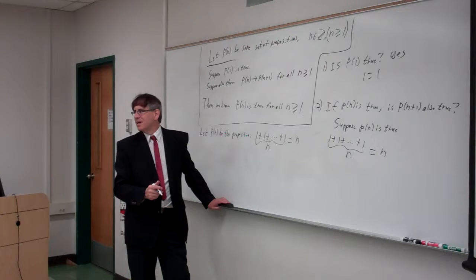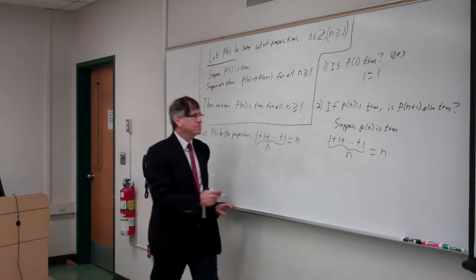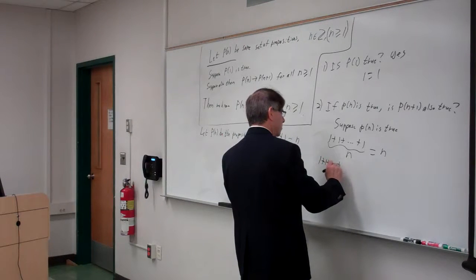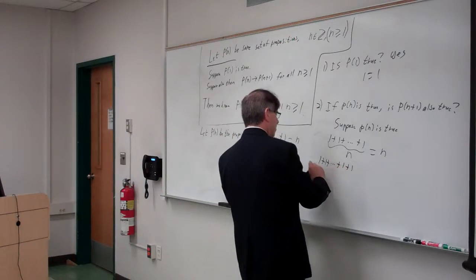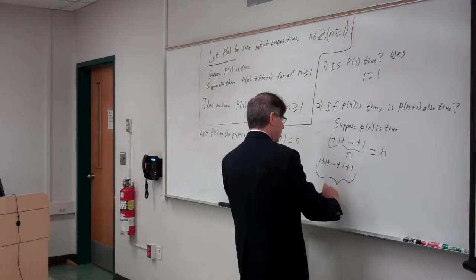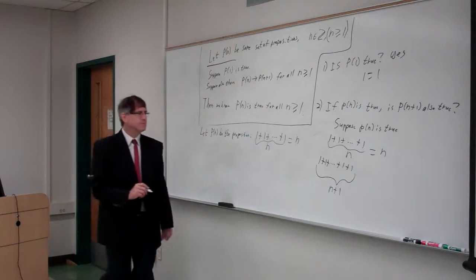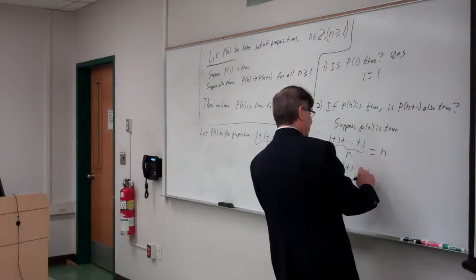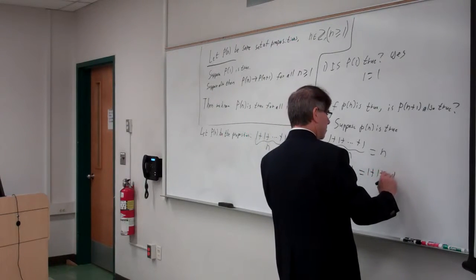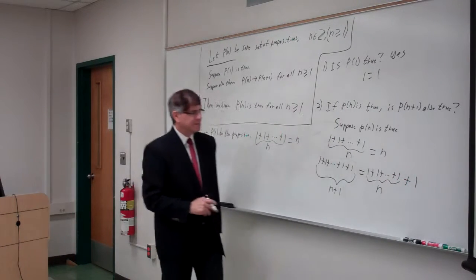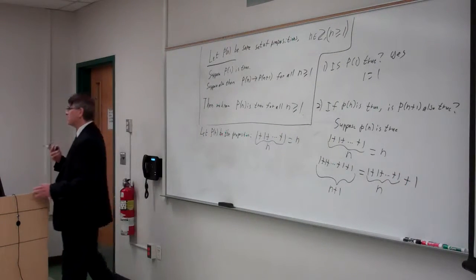So what do we know about adding n plus 1 ones? If we have n plus 1 ones, that's the same as adding n ones and then adding one more one.